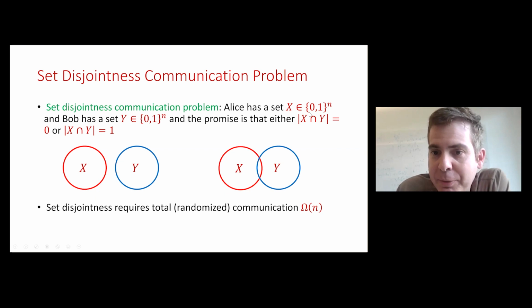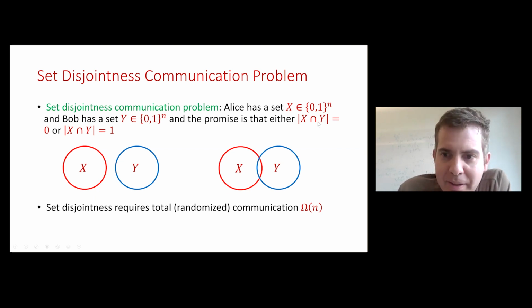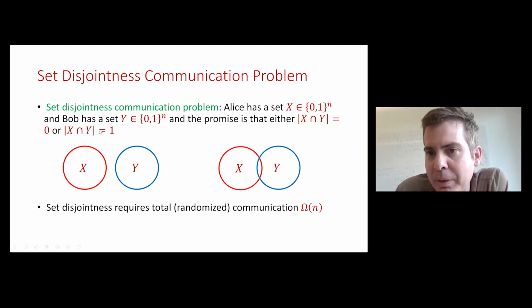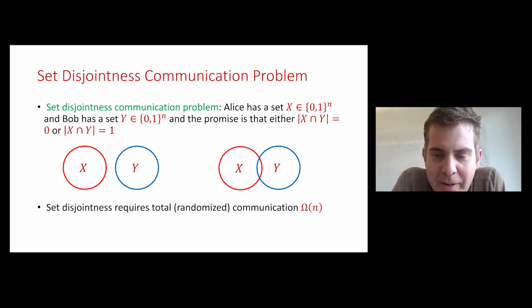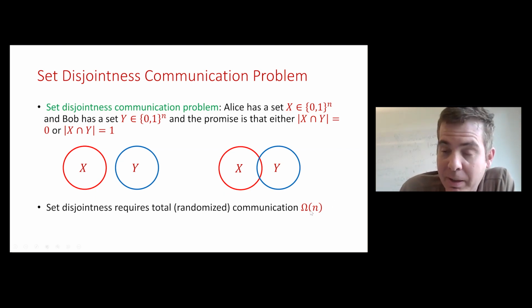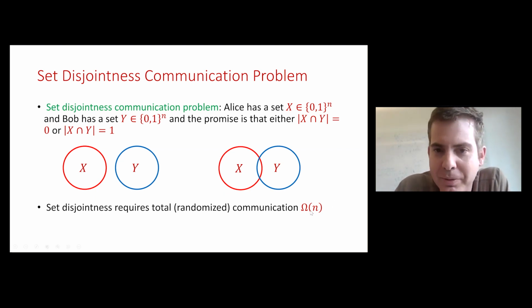The promise is that either these two sets, X and Y, are disjoint, so their intersection size is 0, or they intersect uniquely in one item. Alice and Bob are going to talk to each other, trying to minimize how much they talk, but any randomized protocol for set disjointness requires omega n bits of communication to decide this answer.